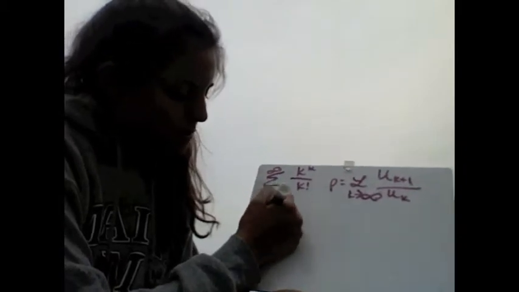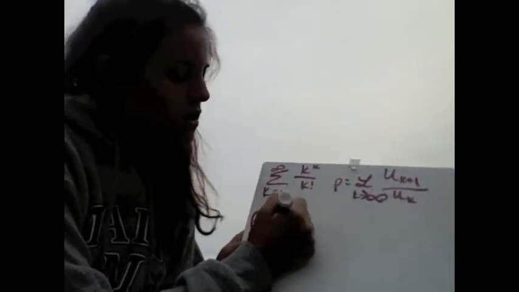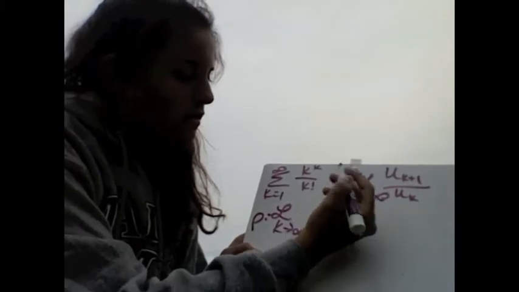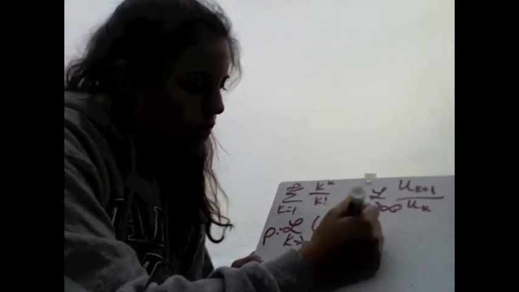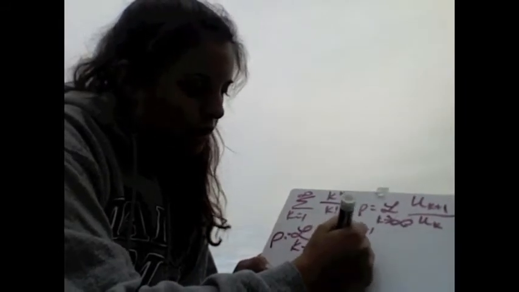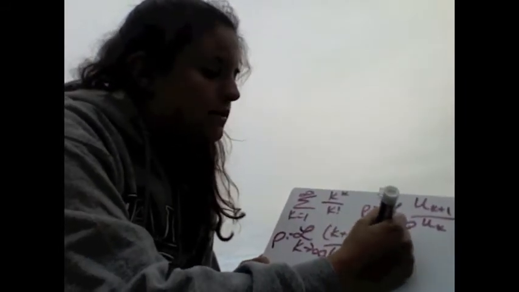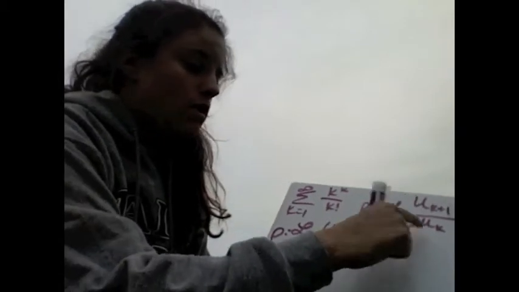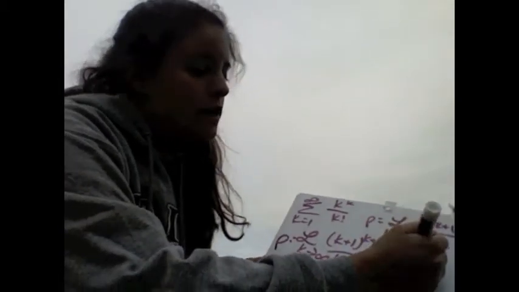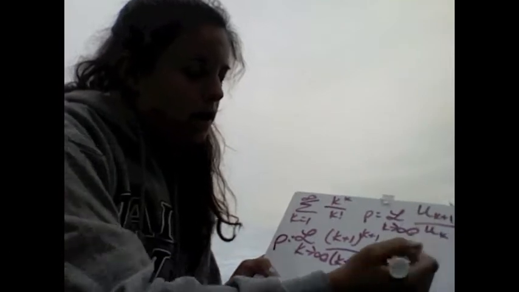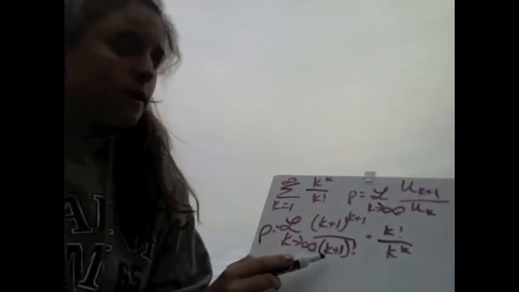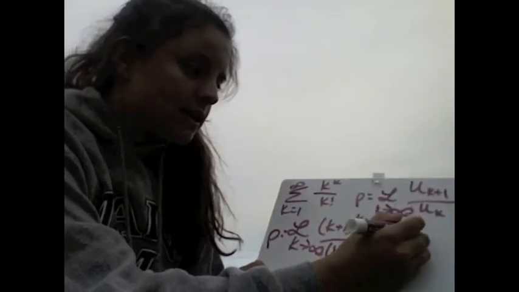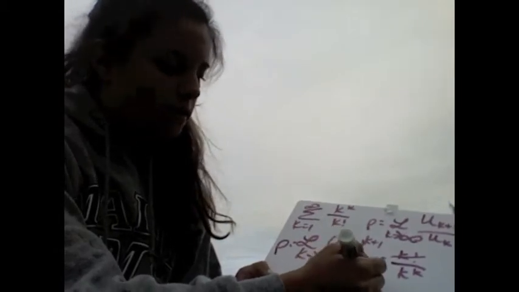So rho equals the limit as k approaches infinity of k plus 1 to the k plus 1 all over k plus 1 factorial, times 1 over u of k, which is k factorial all over k to the k. And we know that k plus 1 factorial is the same as k plus 1 times k factorial. Got it? So this is going to cancel with this and just leave us with k plus 1.